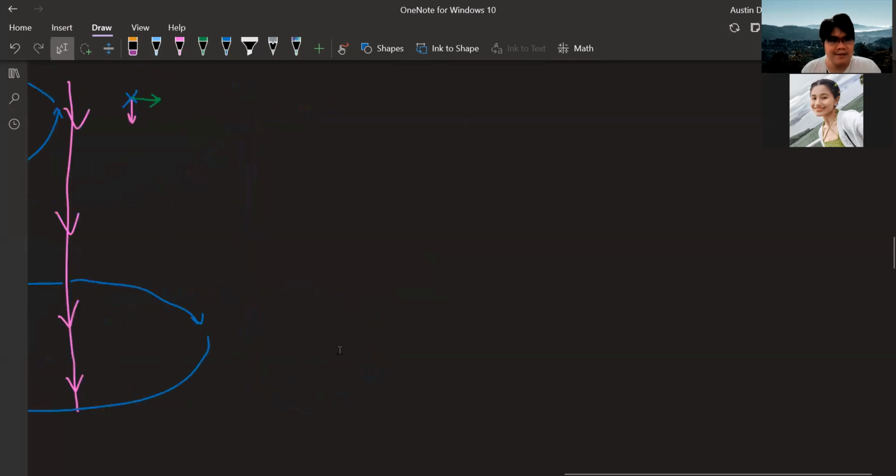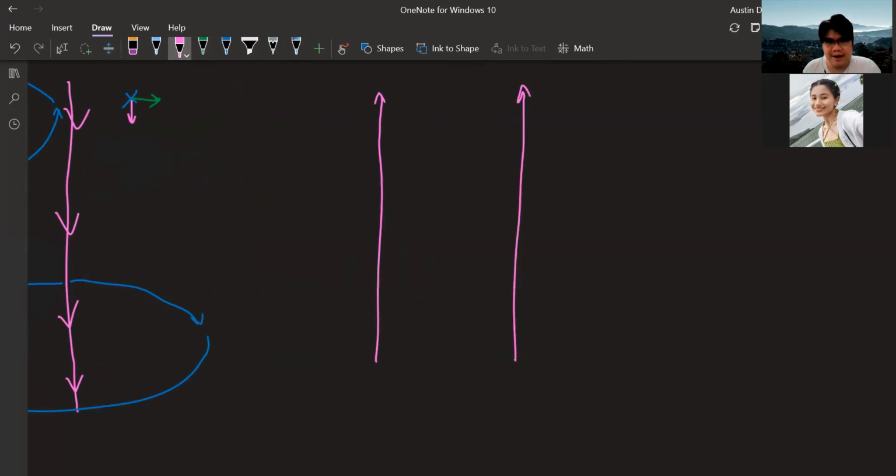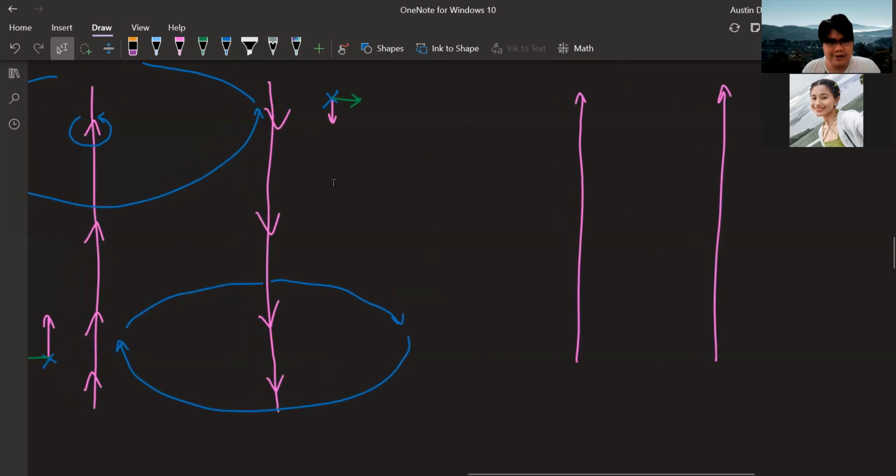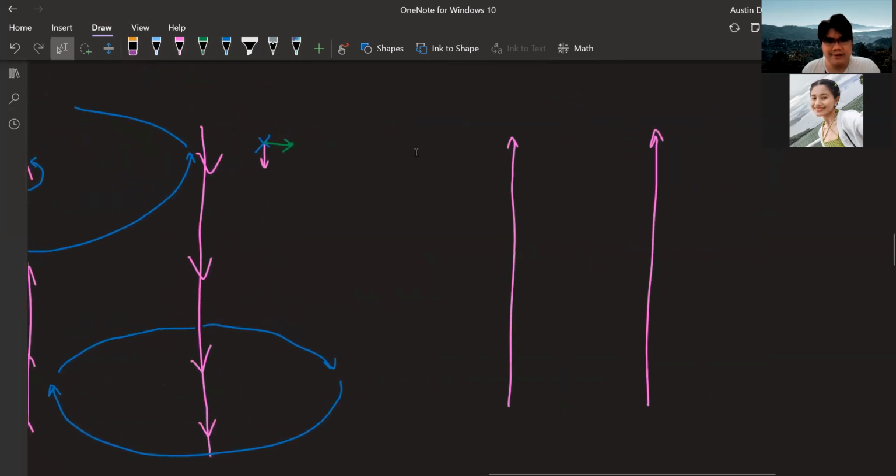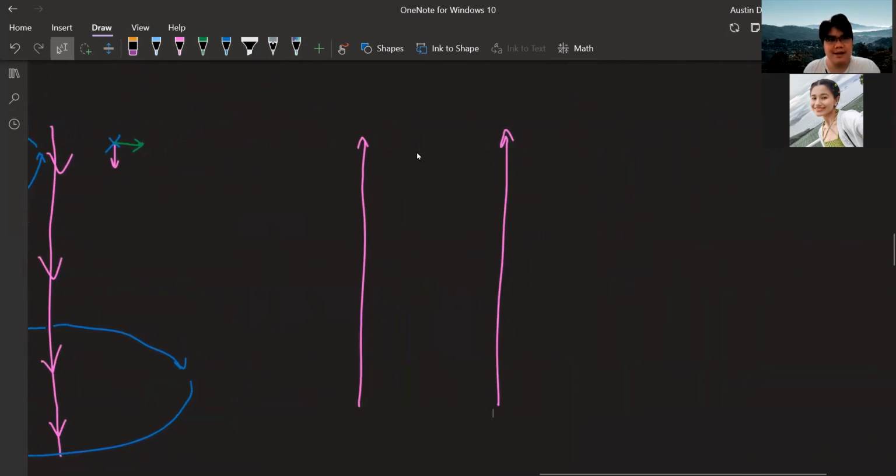Okay, and then in a similar way, if we do the parallel wires, earlier they were anti-parallel and they had repulsion. Let's just draw the directions. Into the page here.